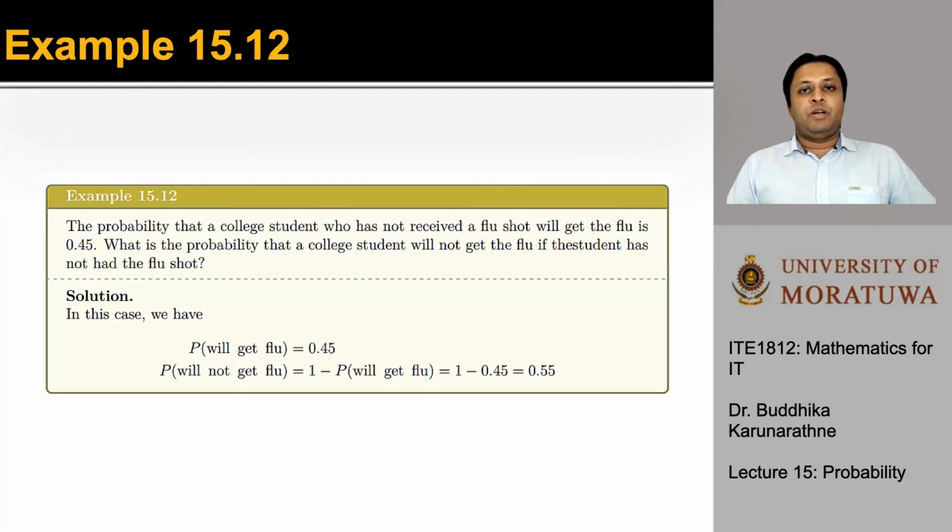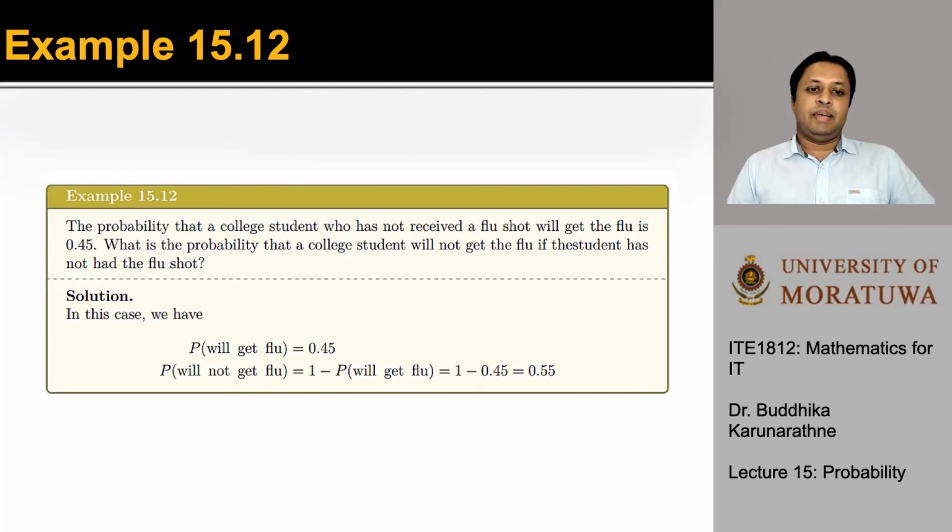Here we introduce one more example. The probability that a college student who has not received a flu shot will get the flu is 0.45. We are asked to calculate the probability that a college student will not get the flu if the student has not had the flu shot.